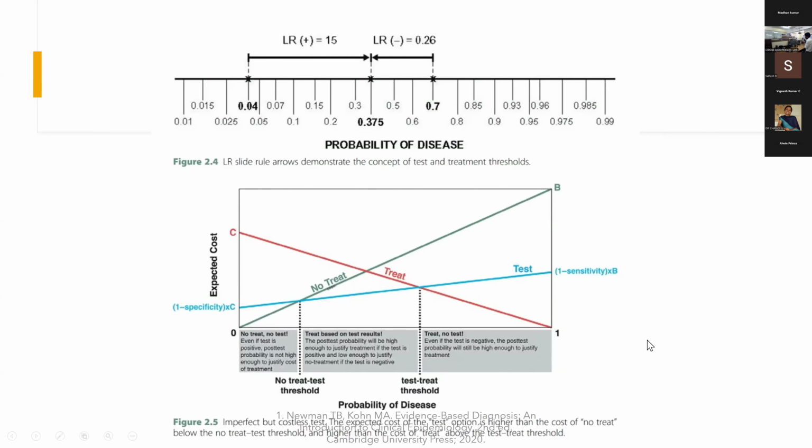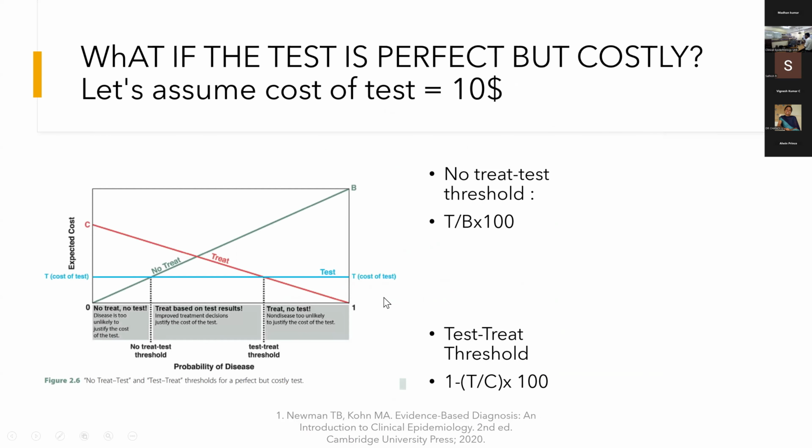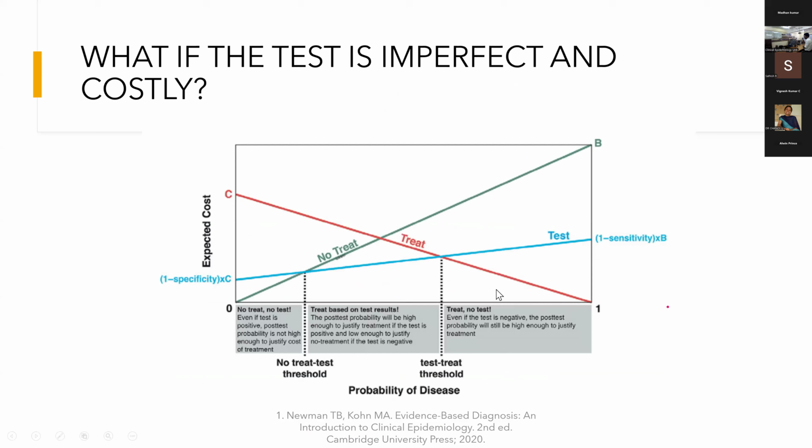So in our prior model, we did not take into account the costs. What if we had to take into account the costs as well? This is the decision curve that we had shown in the previous slides. If you plot these values on a graph, we'll get this blue line. We have found out that the no treat test threshold for our scenario is 4%, and the test treat threshold is 70%.